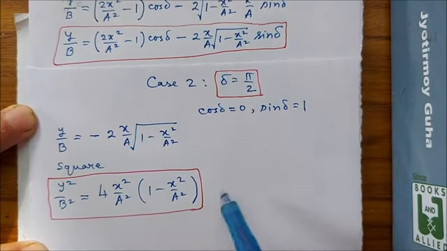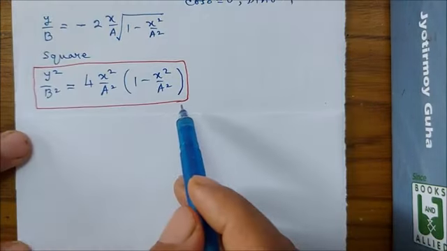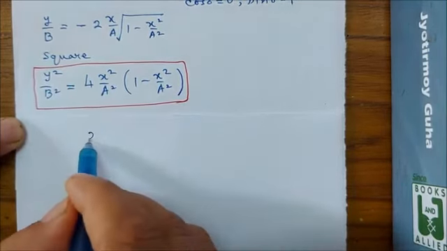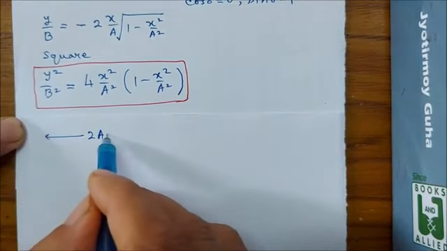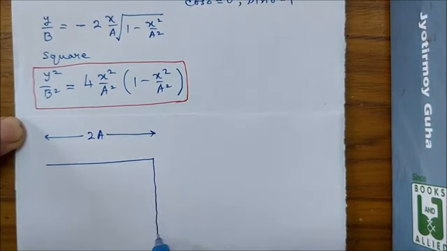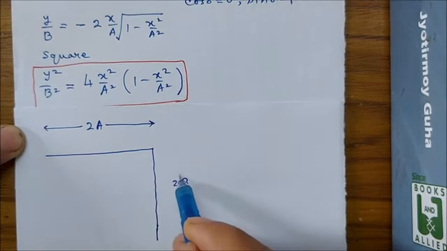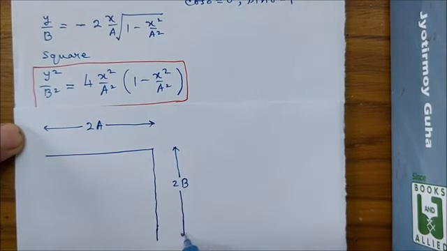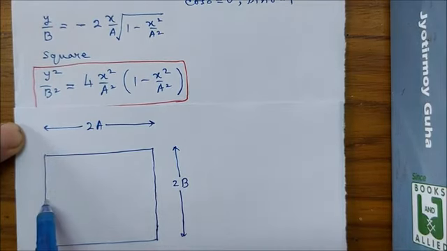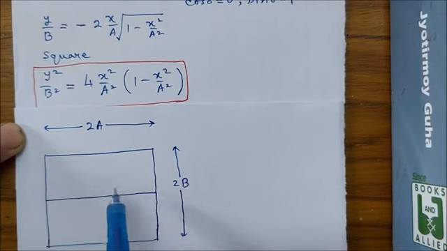So this is the equation that we end up with corresponding to delta equal to pi by 2. And let us draw the curve represented by this equation as follows. The Lissajous pattern represented by this equation will be between a box of length twice a and height twice b, this being the x-axis and this one is the y-axis.